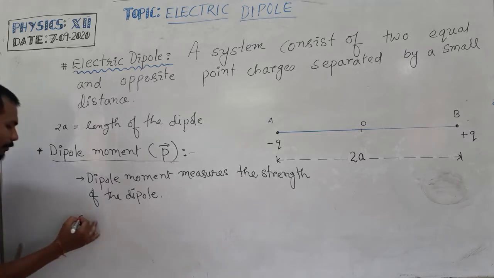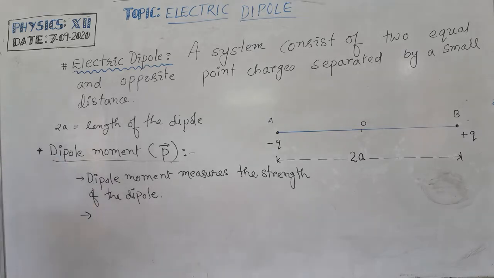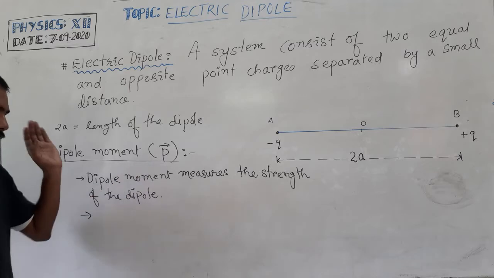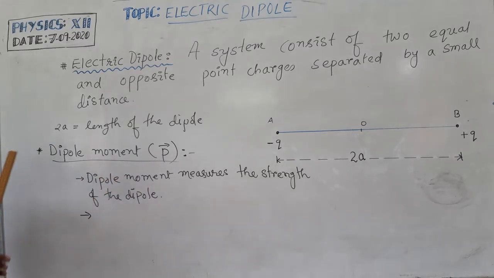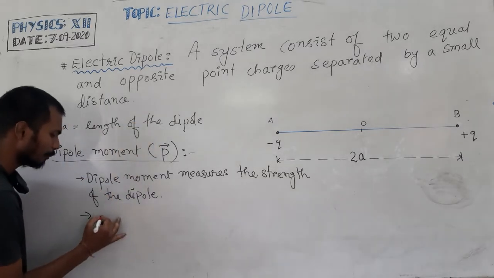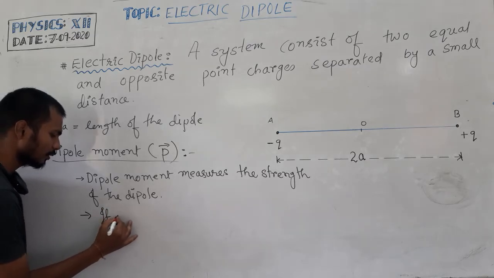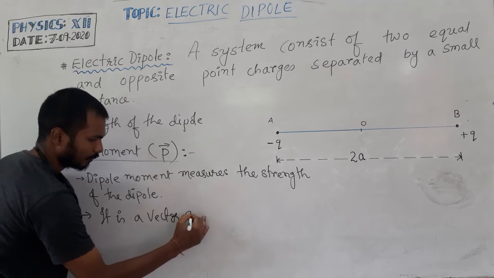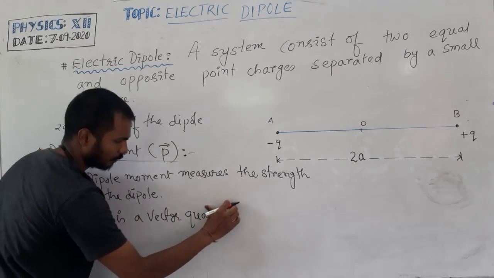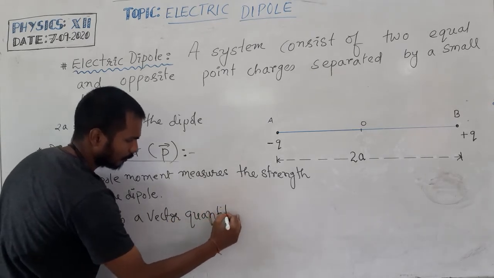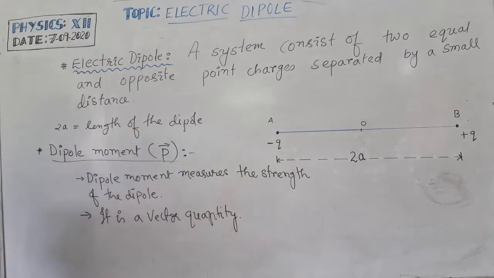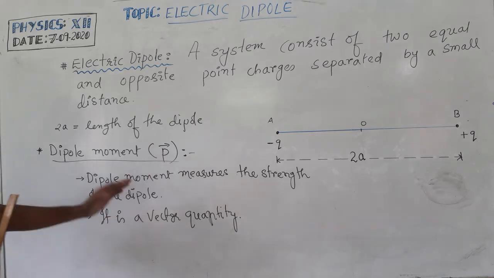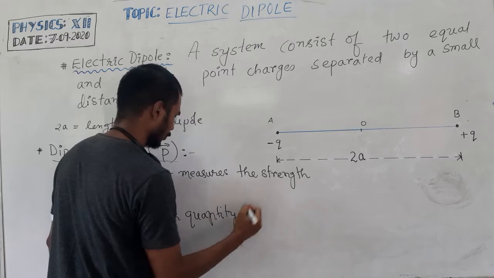The dipole moment is a vector quantity. We represent the dipole moment as a p vector, and this vector starts from the negative charge and points to the positive charge.